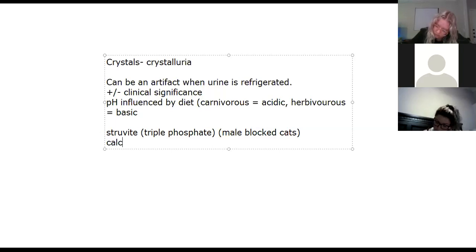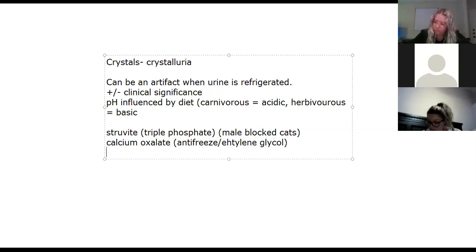We also have calcium oxalate, which is going to be antifreeze, also called ethylene glycol. We have calcium carbonate, which is not going to have a big clinical significance. Ammonium biurate, uric acid, leucine, tyrosine, and cysteine.